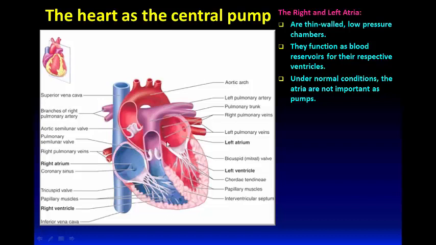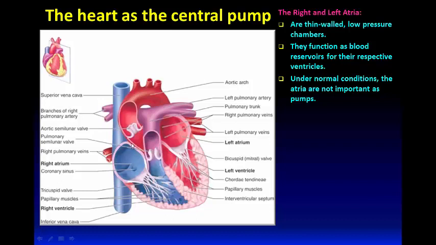thin-walled, low-pressure chambers. They function as receptacles of blood and blood reservoirs for their respective ventricles.